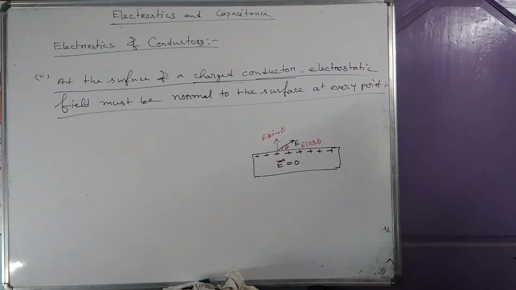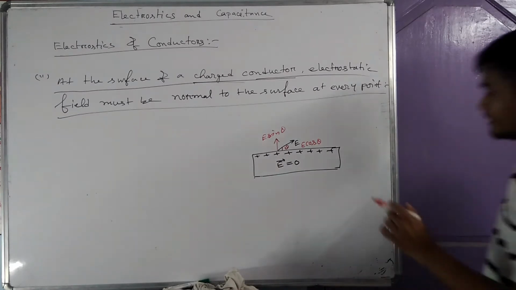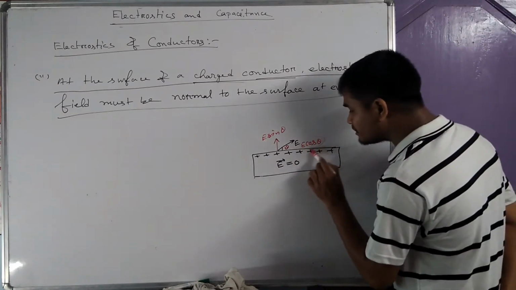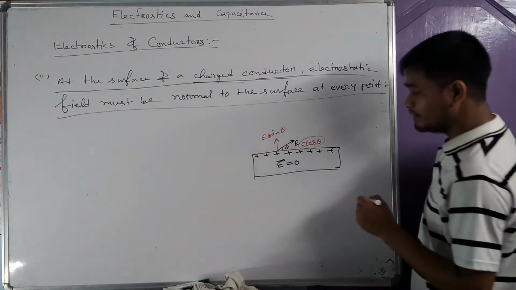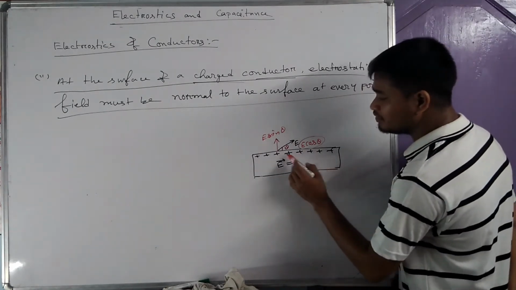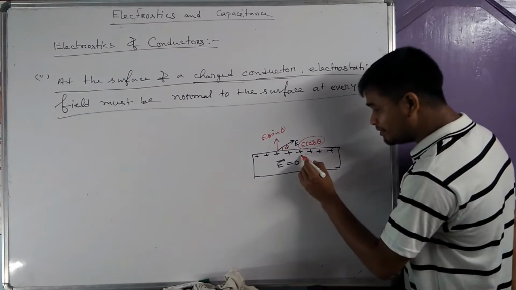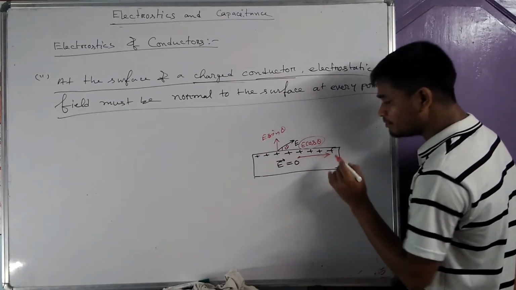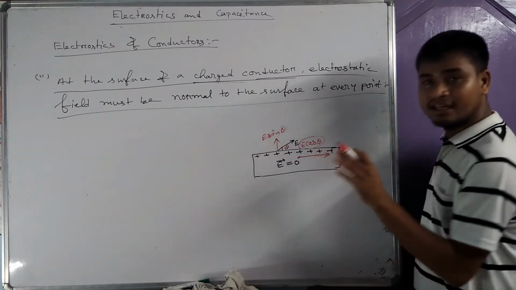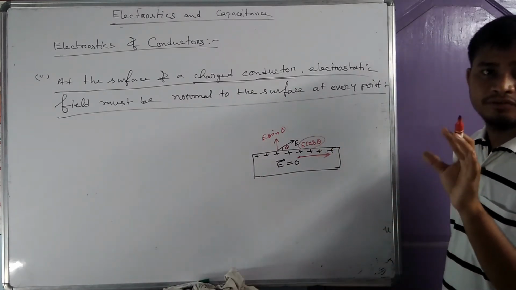Okay, E cos theta. Clear? If this E cos theta component is present, then what will happen? Any charge can be moved from this point to this point, any point, because E cos theta is a component of electric field.